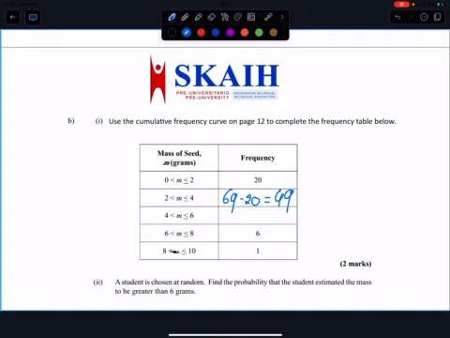Correct. Yes, from 0 to 4 is 69, and I subtracted the 20, everything up until 2. So you subtracted, it's 49. Some people did 50, it's fine. And we shall continue next week.